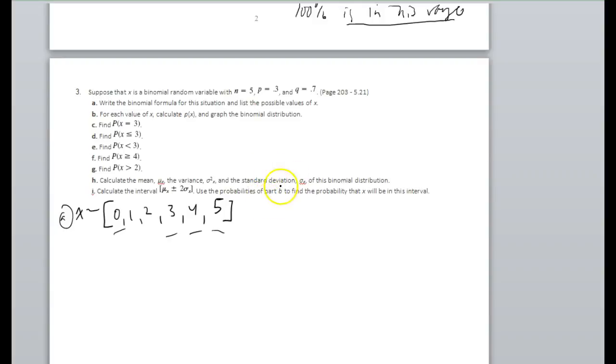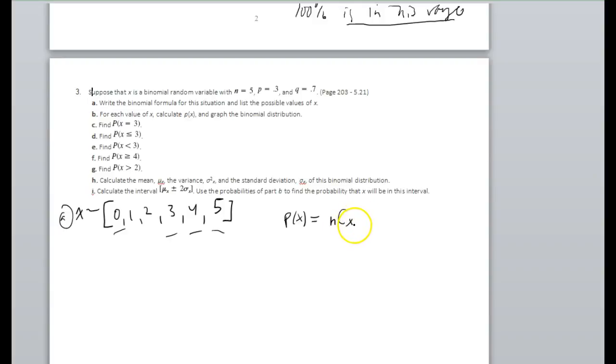And then it's asking for what the binomial formula is. So the binomial formula is that p of x is equal to n choose x. I'm not going to write out the crazy formula, n factorial over x factorial times n minus x factorial.